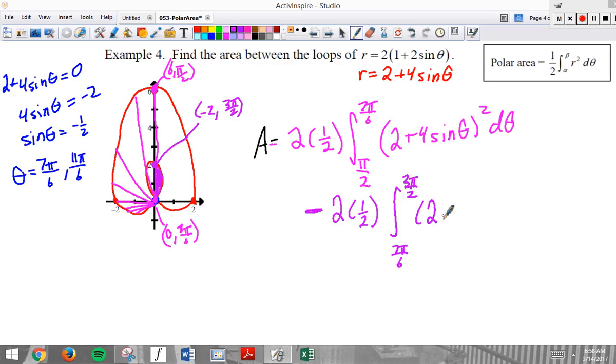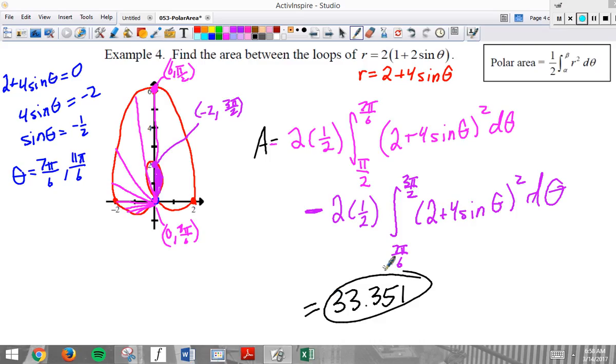That same exact function. And that's it. And I swear if you enter it in the calculator correctly, you get 3.351. So that's it. That's polar area.